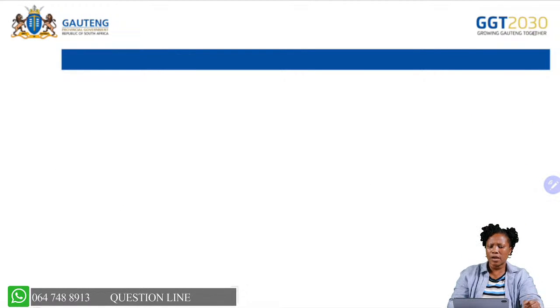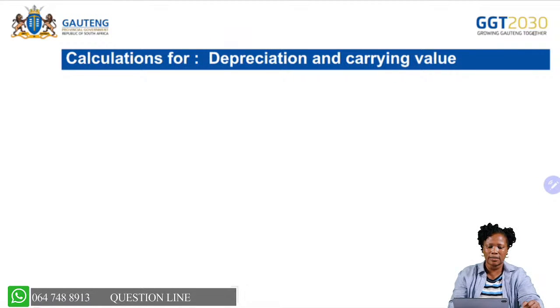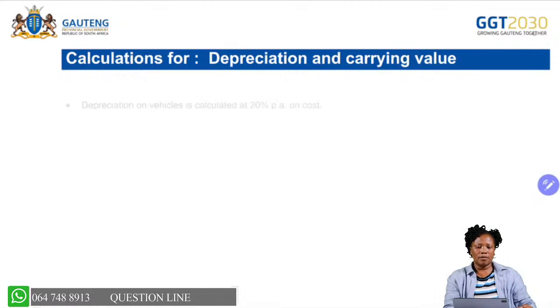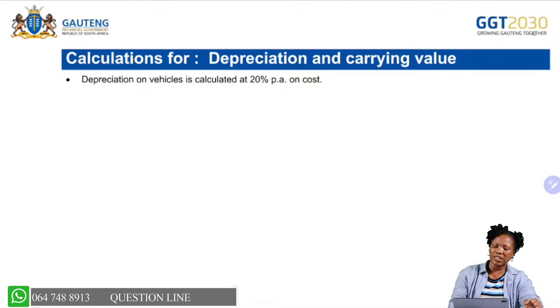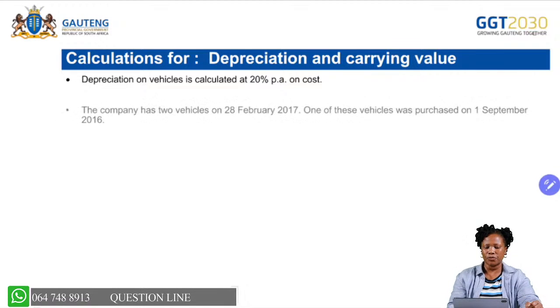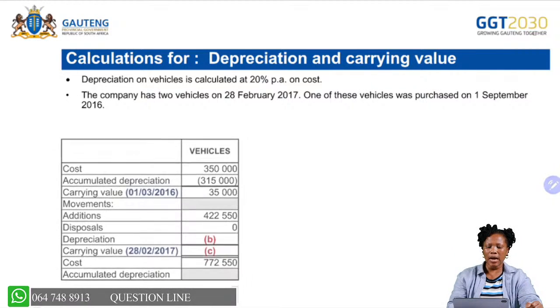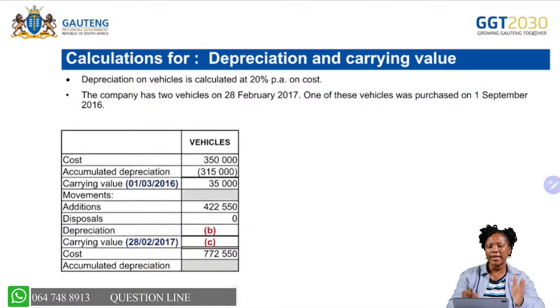I'm going to take you now to the next calculation. I hope everybody understands, and I'm not getting any communication from your side. I'm getting worried. We are now going to calculate the depreciation and the carrying value. Remember, we will depend on the information that is provided to us.